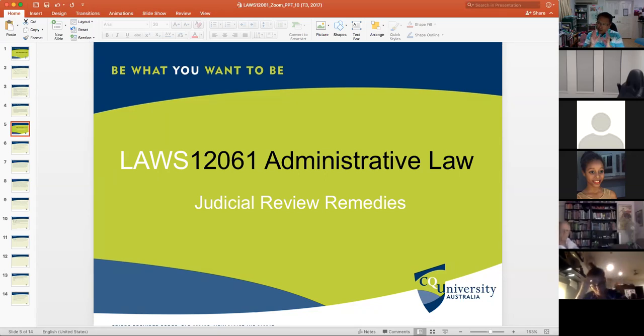Because we will observe that in relation, for example, to Section 75(5) of the Constitution, in relation to the powers of the High Court, and in relation to Section 39B of the Judiciary Act of 1903, which gives the Federal Court of Australia the power to undertake judicial review, the remedies available to these two courts are limited to prohibition or mandamus or injunction.